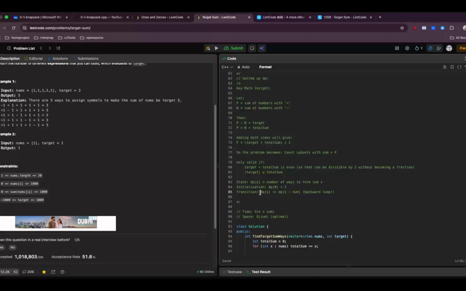Then the transition: we will be adding up all the sums which we got before, that is dp of s minus num, to our present one. But here it will be a backward loop, so whatever we have already stored for the earlier sums, we get in our present one.